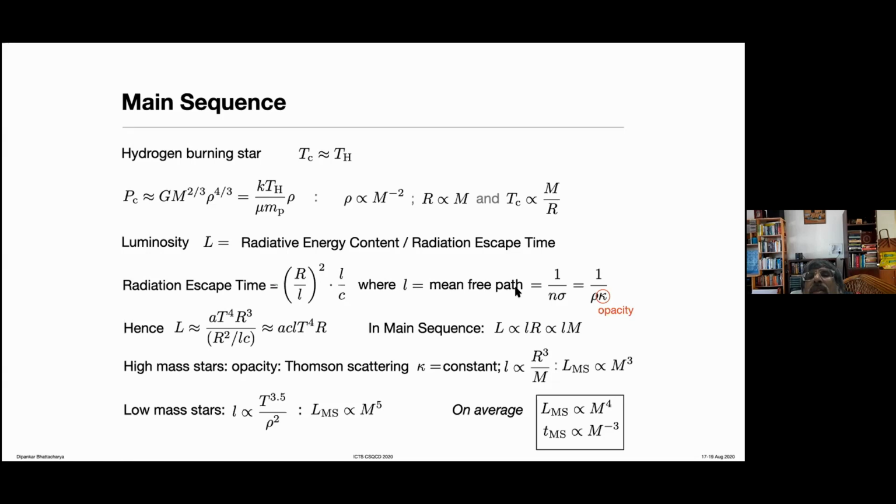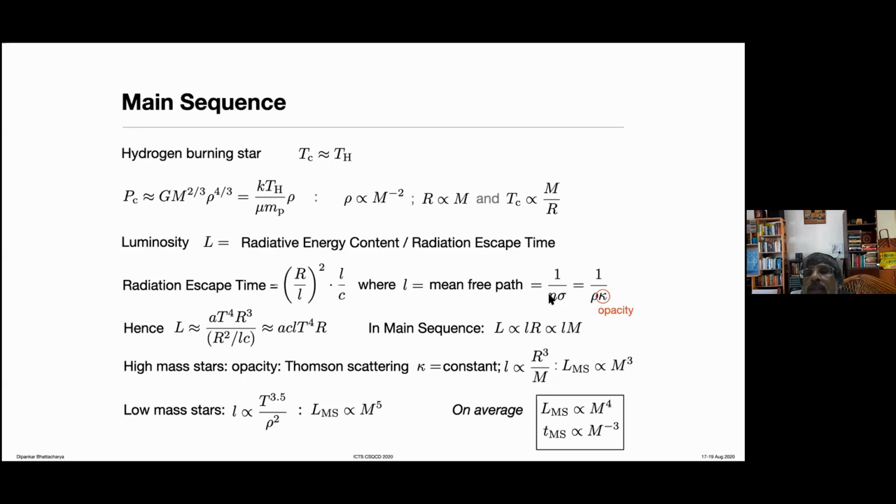Now the mean free path is related to the scattering cross section or absorption cross section, and it is given by 1 over the number density of electrons or ions times the cross section, which we often rewrite as 1 over mass density times kappa, where kappa is sigma over the average mass per particle here. So the kappa is called opacity.